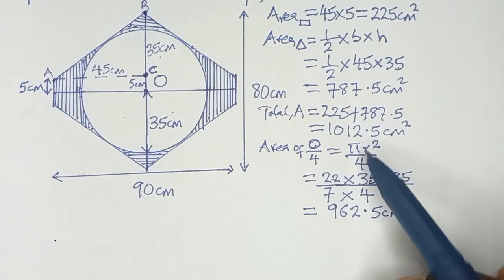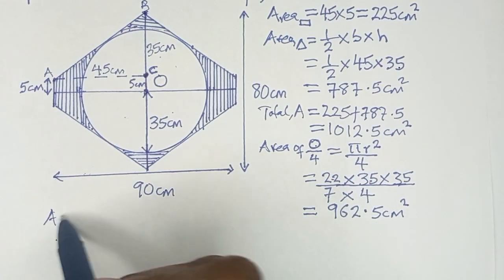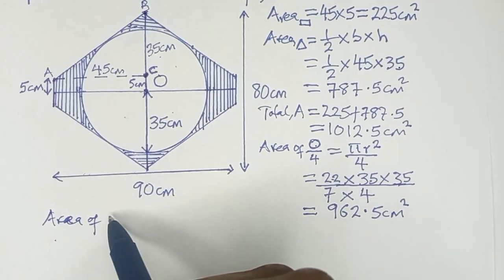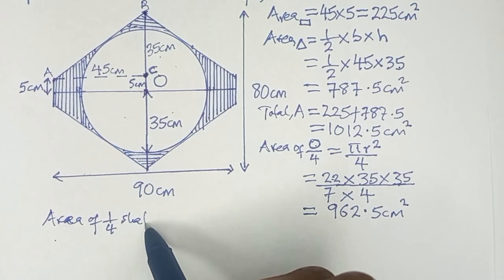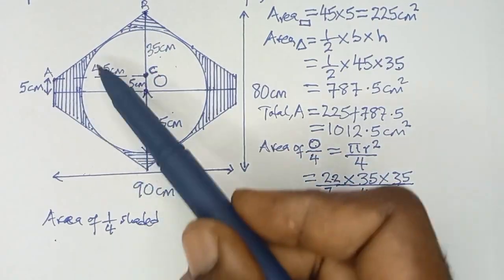So the total area we have obtained before is, so I can say area of 1/4 section, 1/4 shaded, because we are looking at 4 parts now, but we are taking only 1 part.